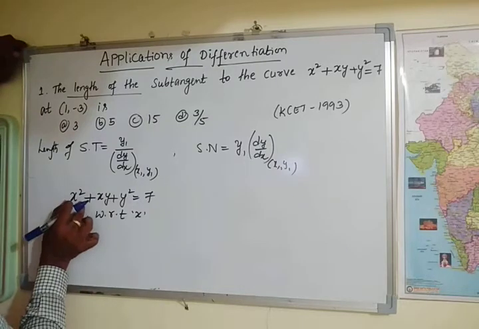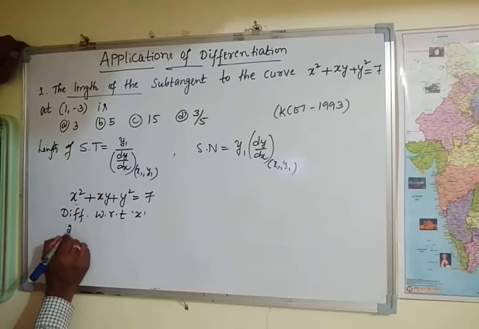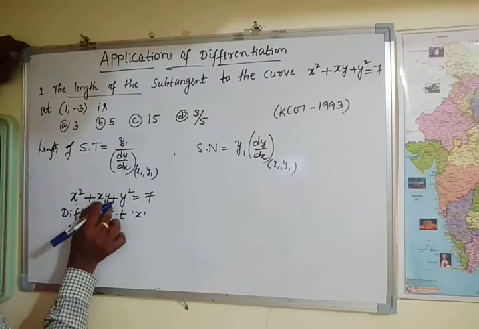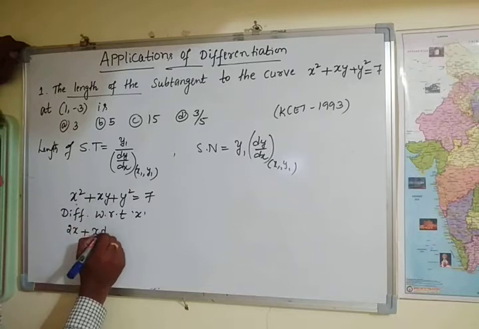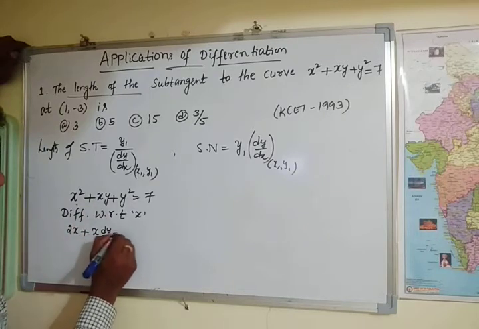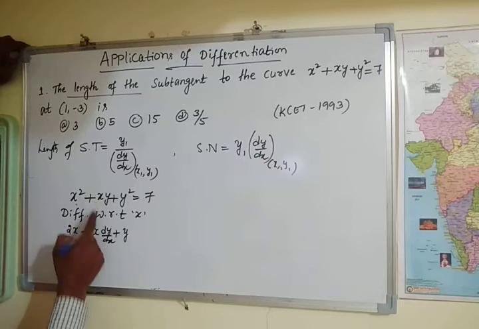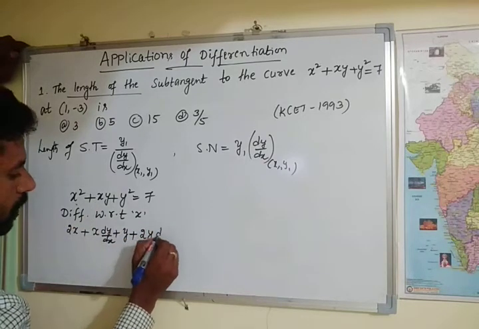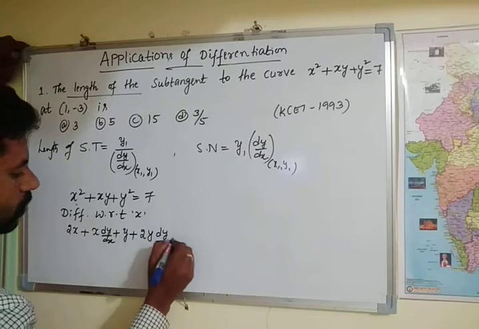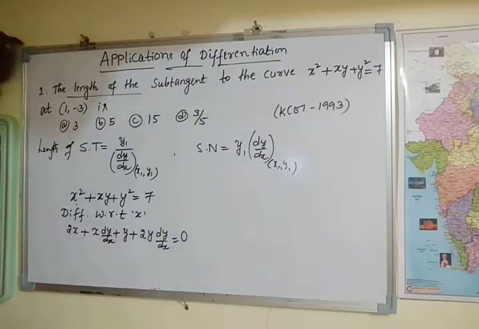The derivative of x square is 2x, plus d by dx of x into y by the u v form: first function into derivative of y is dy by dx, plus y into derivative of x is 1, plus the derivative of y square is 2y into dy by dx, is equal to the derivative of the constant term 7, which is 0.